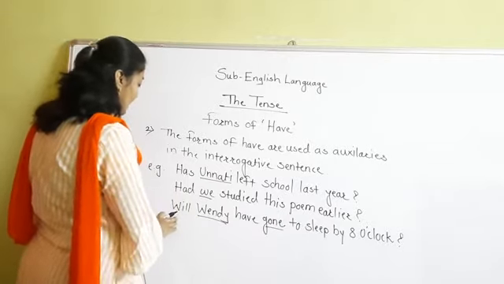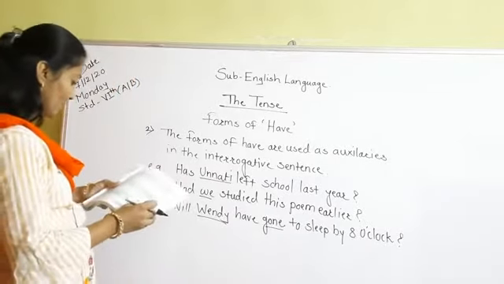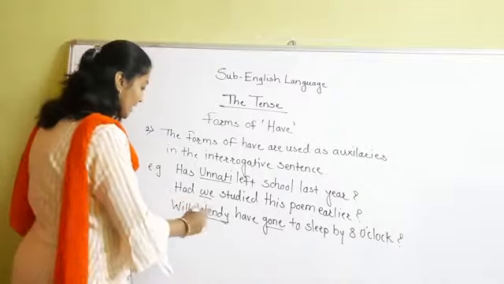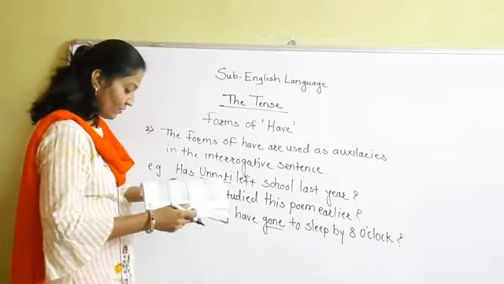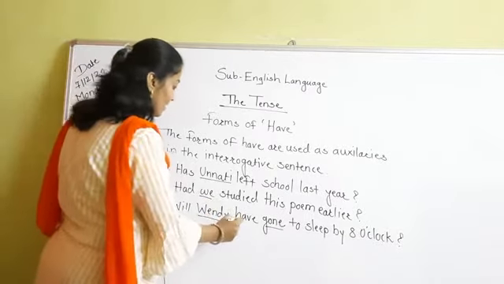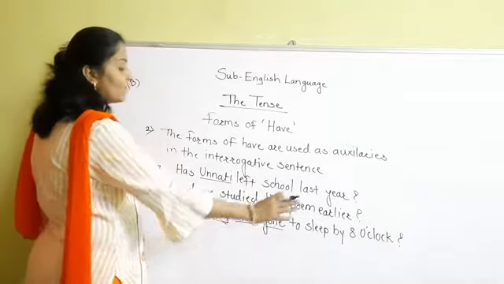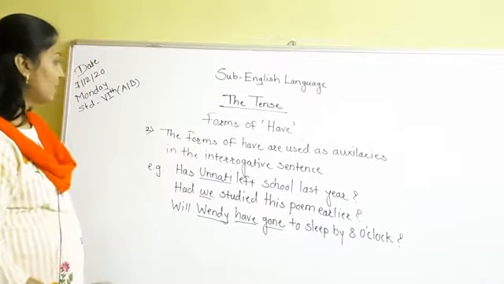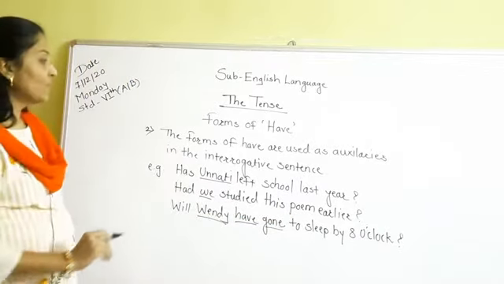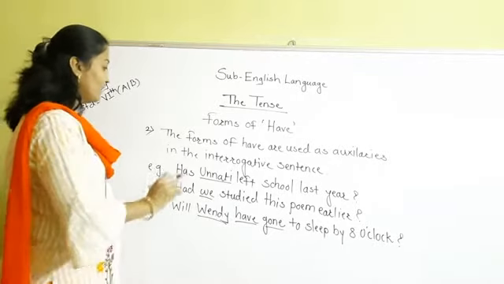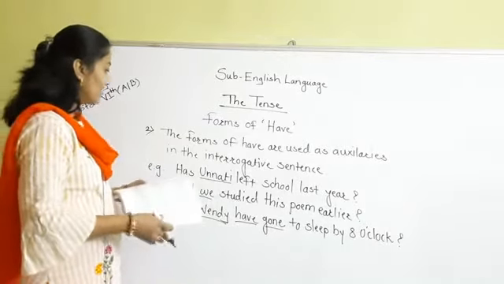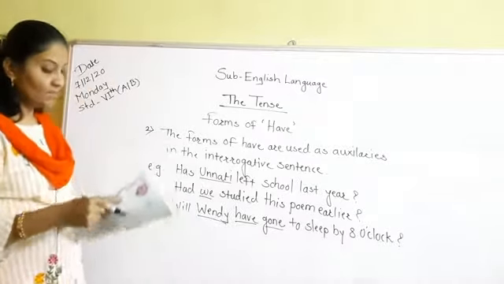And in the last sentence we have used will plus Wendy, that is the subject, then we have used have gone, and we have written the remaining sentence to make the interrogative sentence. So have you understood how we have formed the interrogative sentences?